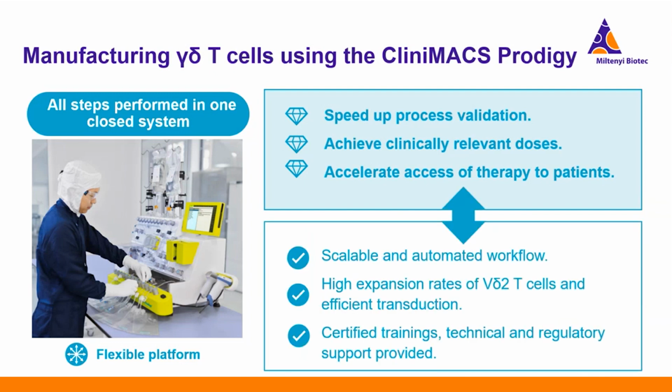And this is possible because the workflow is scalable and automated. It enables high expansion rates of the Vδ2 T cell subset with efficient transduction. And the workflow also comes together with different certified trainings for any user to master the handling of the complete workflow. And also we provide technical and regulatory support.